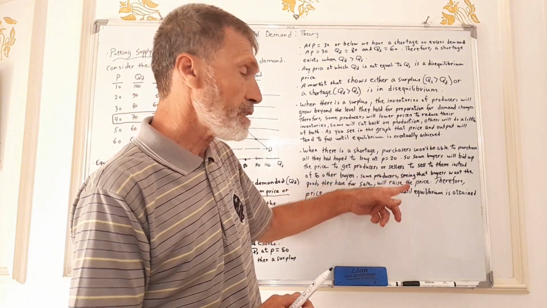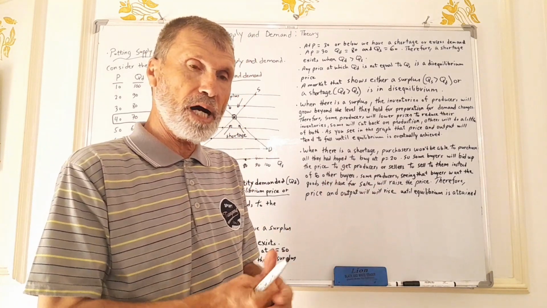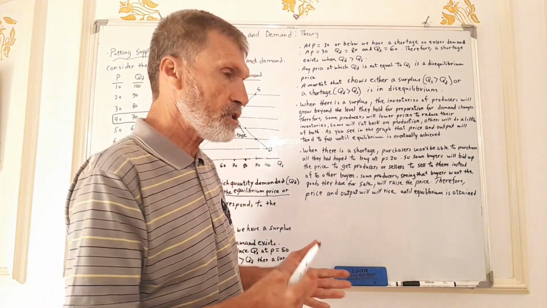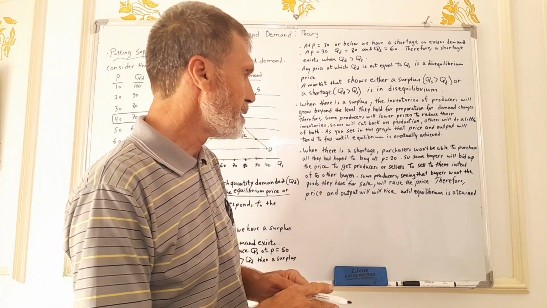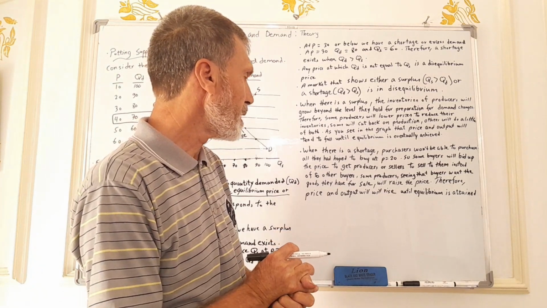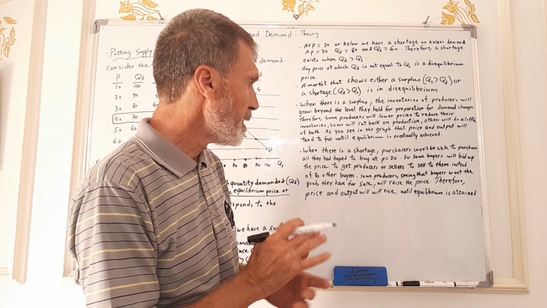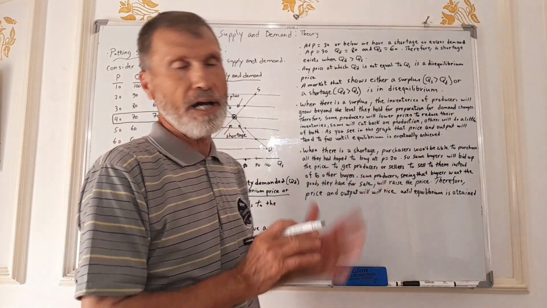Some producers, seeing that buyers want the goods and are desperate to get them, go ahead and raise the price of the goods they have for sale. Therefore, price and output will rise.